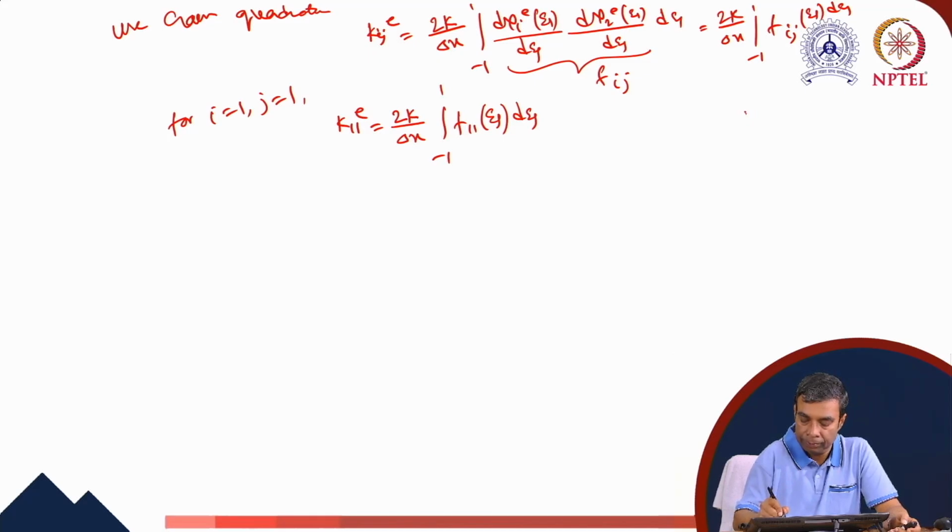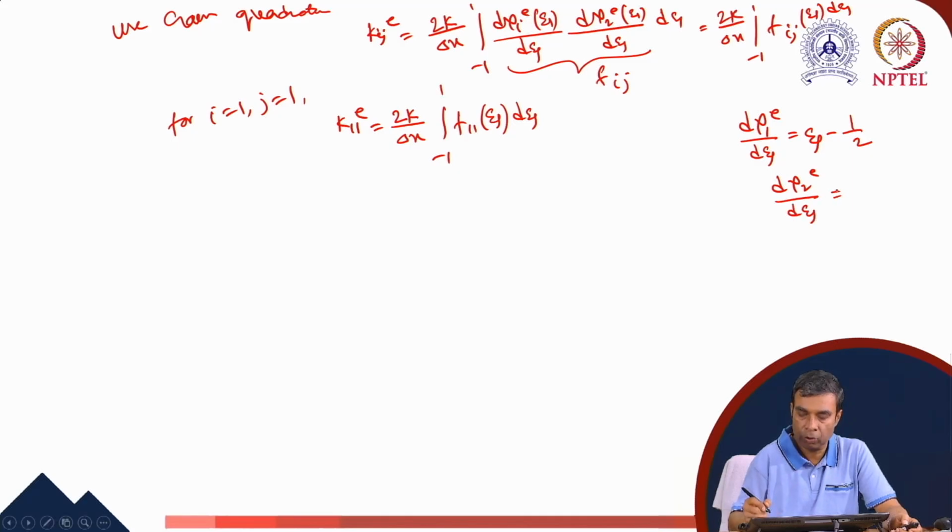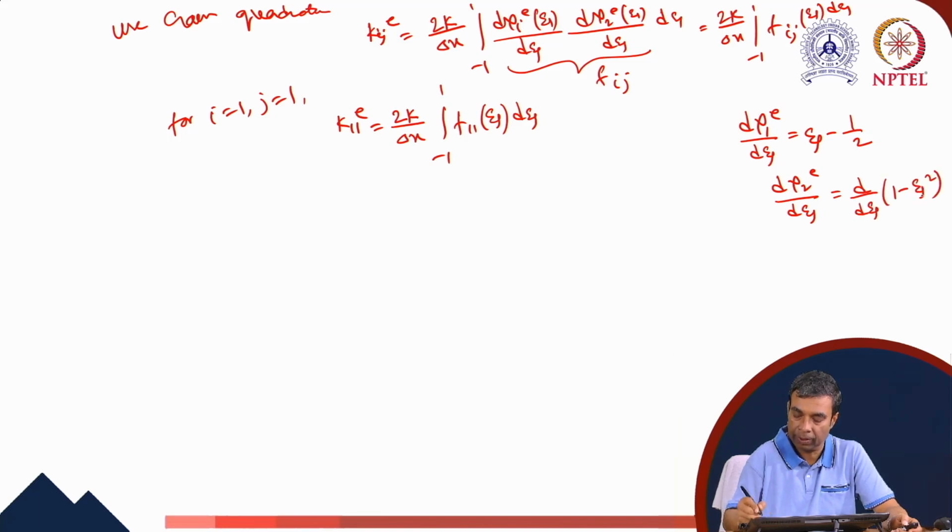Now d psi 1e by d xi is xi minus half, and d psi 2e by d xi equals d by d xi of (1 minus xi square), which equals minus 2 xi.